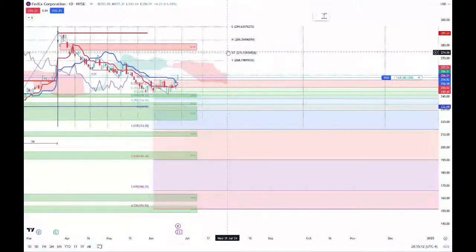Even if the N and the E go up to 294, you have this resistance from my indicator at 289. We have this block at 281. And this kind of concerns me: if any bad results, or not so good, it probably can hit over here and go back again.